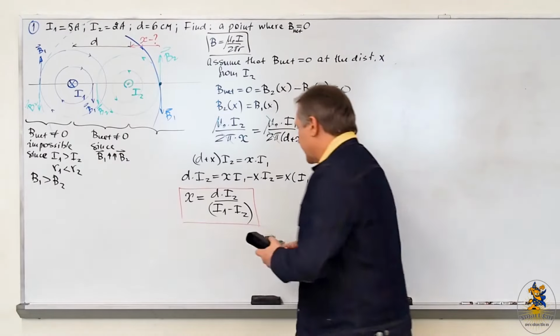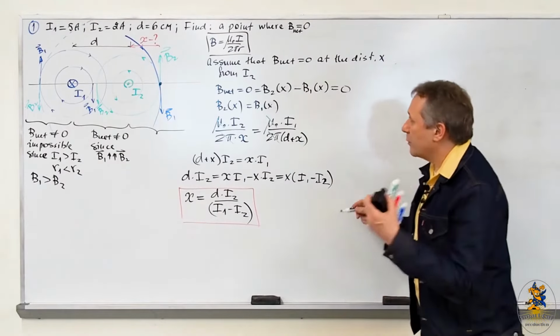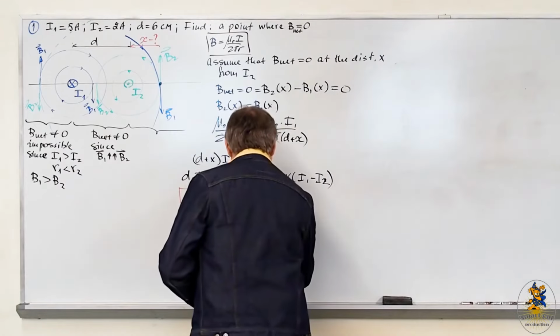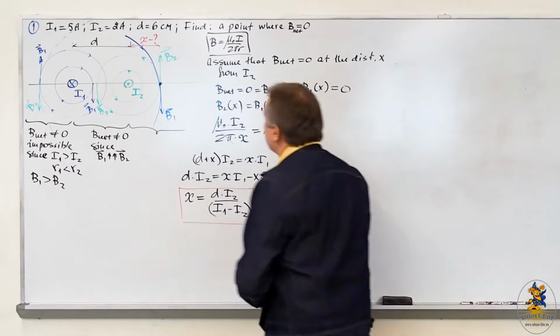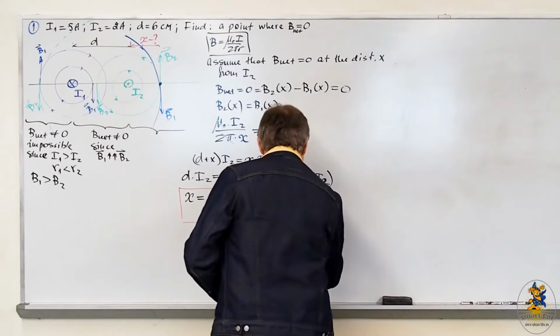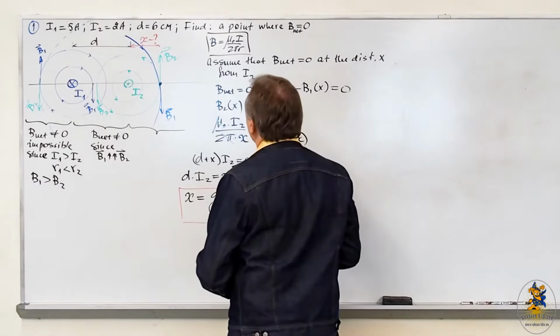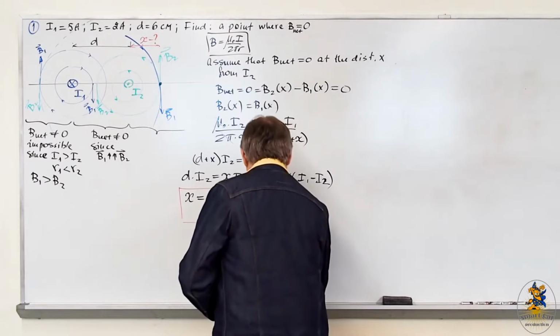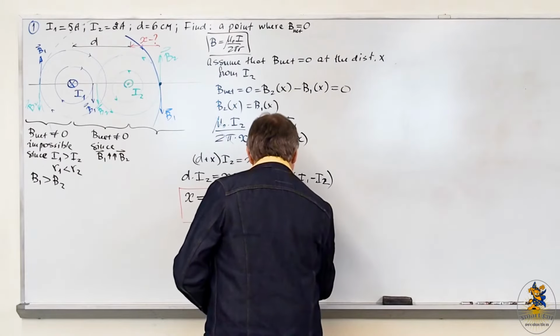So if you plug in numbers, we can write it in centimeters. So 6 centimeters, and then the ratio of these currents: I2 is 2 amps, divided by I1, 5 minus 2 amps.